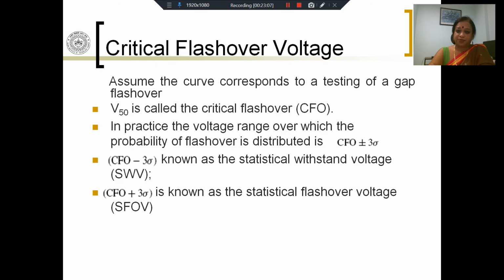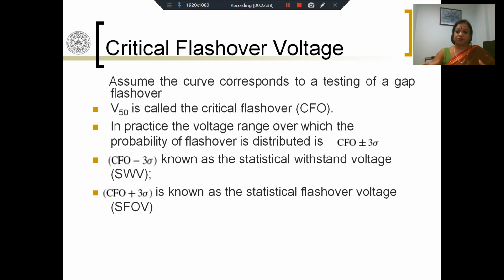As we have discussed before, if you're talking about flashover, suppose this curve that we have just discussed corresponds to the testing of a gap flashover, a gap which breaks down. V50 is called the critical flashover voltage. In practice, the voltage range over which the probability of flashover is distributed can be CFO plus minus 3 sigma, and in that case, we call CFO minus 3 sigma the statistical withstand voltage, and CFO plus 3 sigma is known as the statistical flashover voltage.